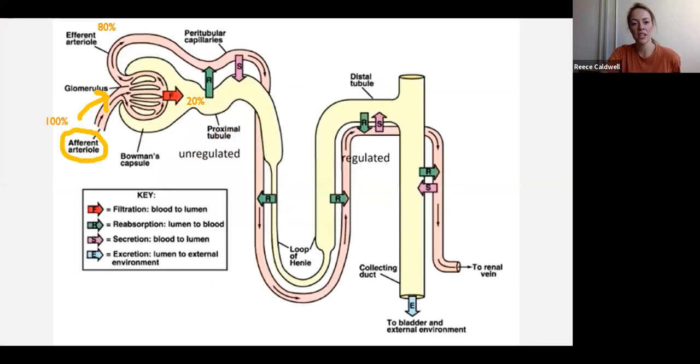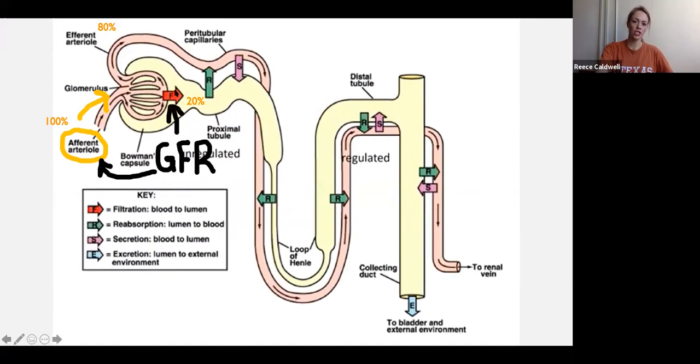So back to this picture, there's one extremely important variable that we will be using today, and it is glomerular filtration rate. So this F right here, filtration, that is really, in big terms, the glomerular filtration rate. And something important to know is that it is completely influenced by the afferent arteriole.